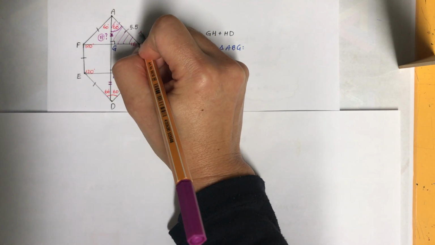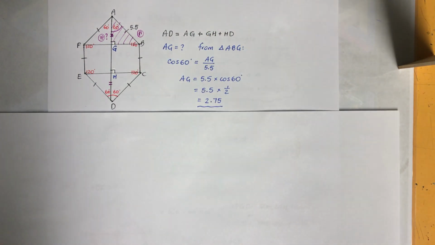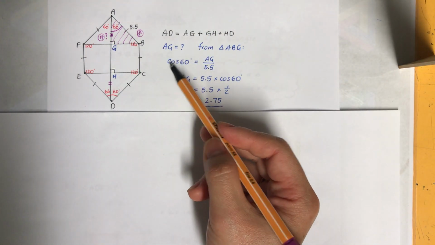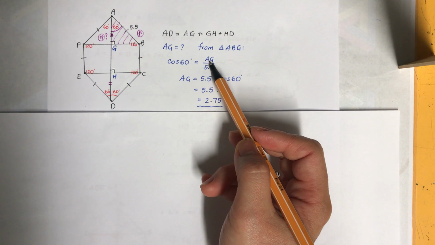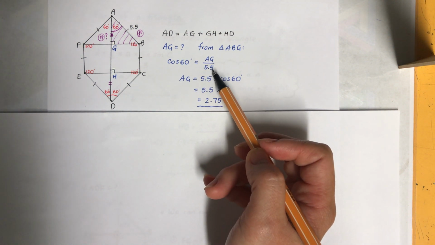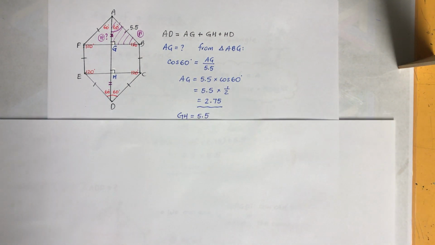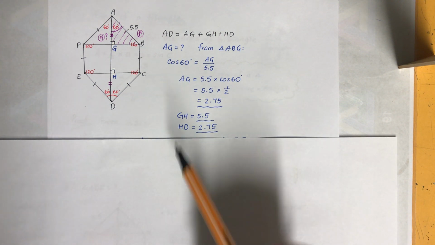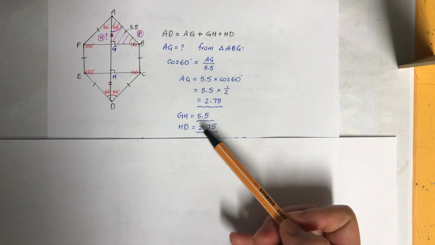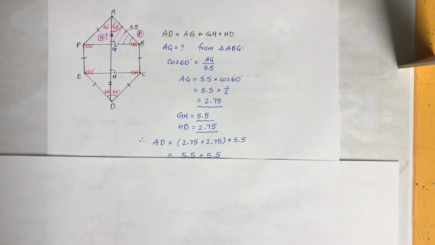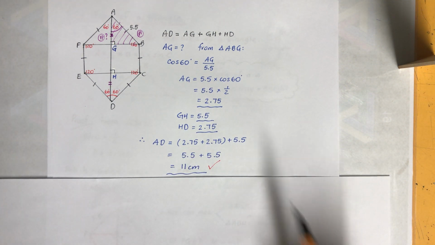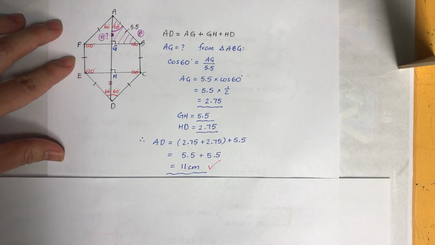And that's my hypotenuse. A over H is CAH, which is cos. Cos 60 is AG over 5.5, and you'll get 2.75. And obviously, I know GH is 5.5, HD is the same as AG, and my length for AD is 11 centimeters. Not bad.